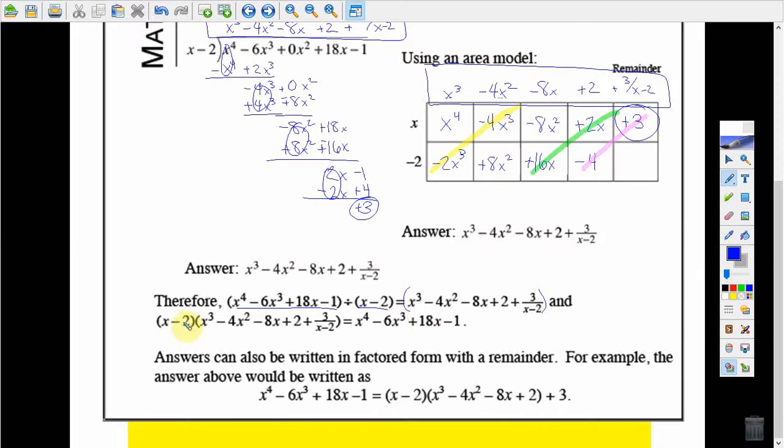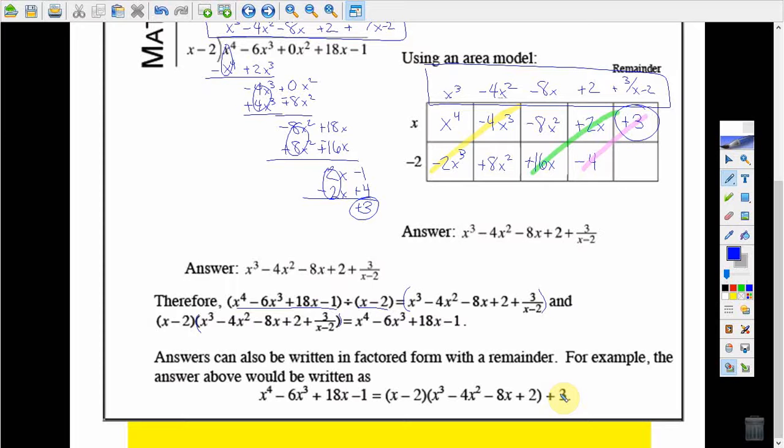So x minus 2 times our result will give us the x to the fourth minus 6x cubed plus 18x minus 1. Alternatively, you could write the 3 outside of the parentheses, meaning you would not have to write it as 3 over x minus 2.